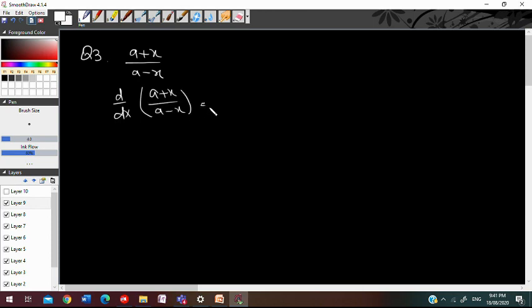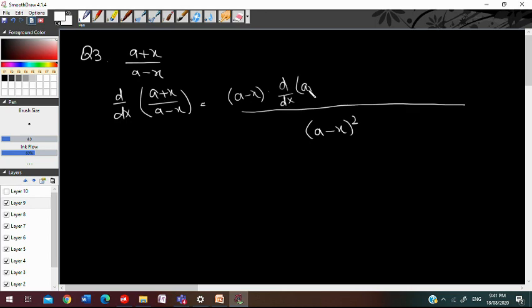Now when we apply the quotient rule, what will happen? I have told you in the quotient rule you will take the power of the denominator, right? And then the denominator's function remains the same. You just apply the derivative on the numerator function (a + x) with a minus sign, and then the numerator function is the same and you will apply the derivative on the denominator's function.